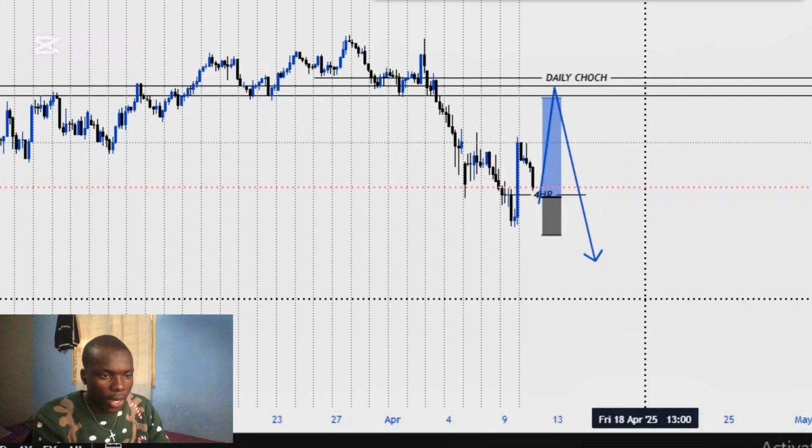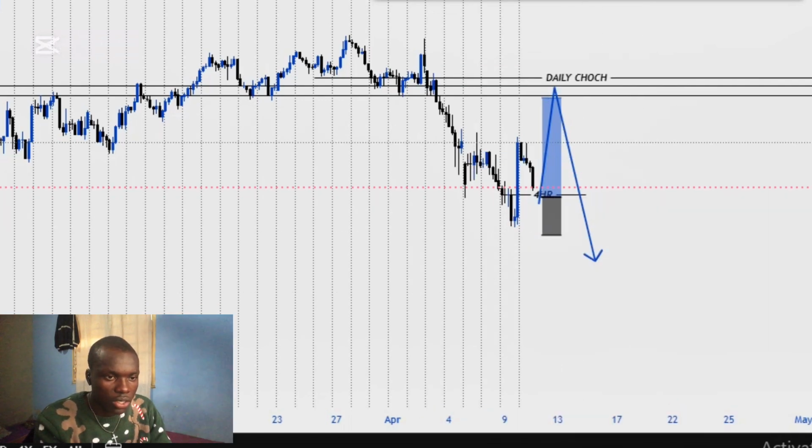So the main trend here is bearish. We are bearish on the GBPJPY. But before any move should happen, we can trade on this. I'm going to trade on this, to this retest point.